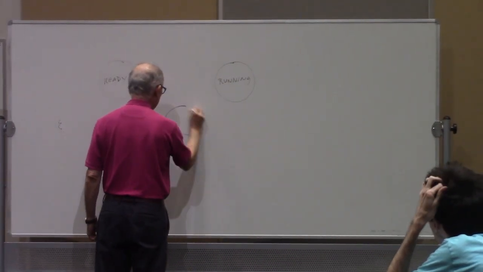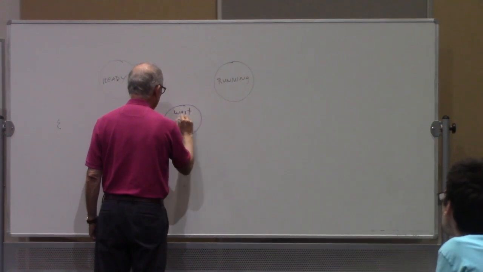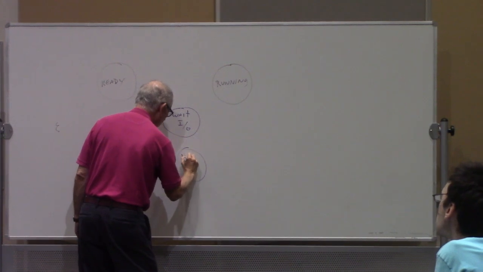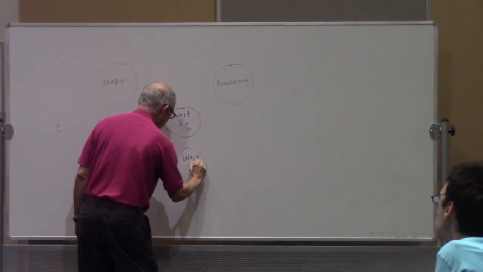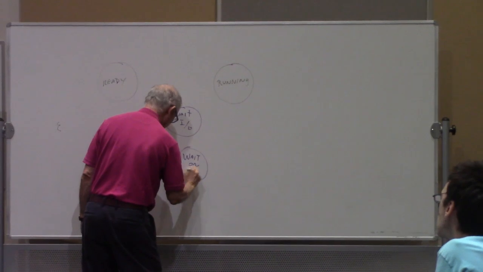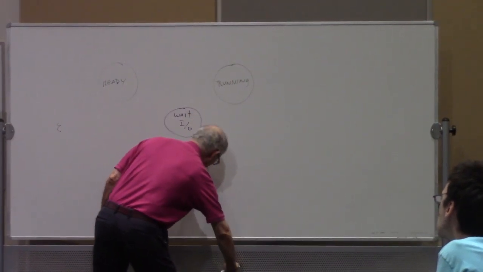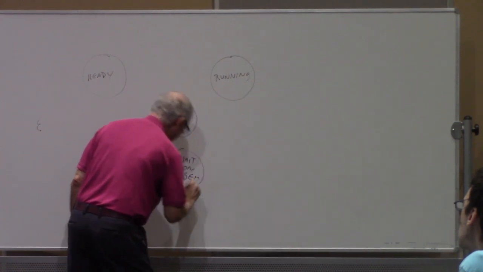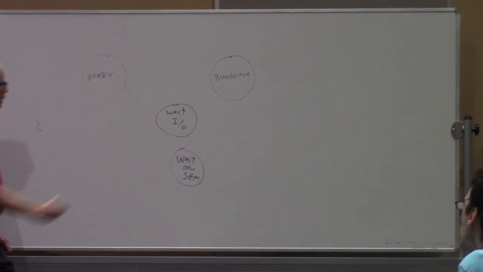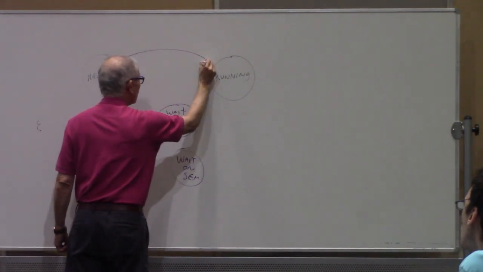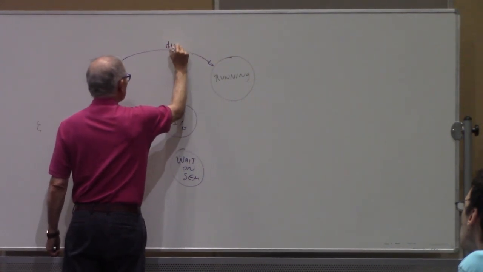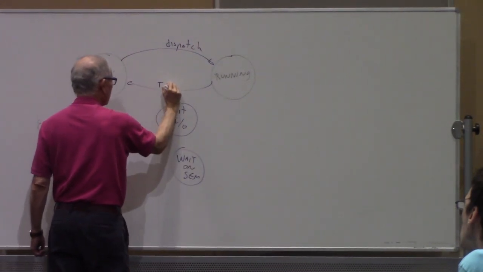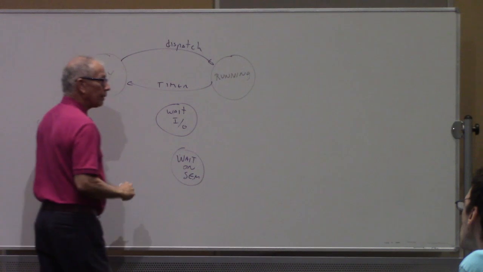This is wait IO. Wait on semaphore. All right. Dispatch. Timer. Can you see it on here?